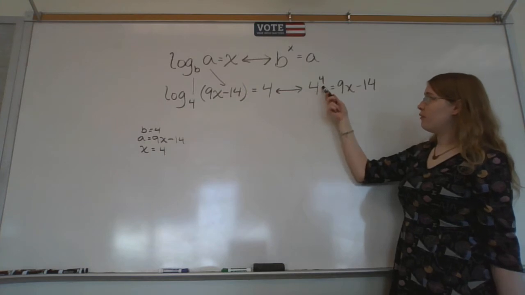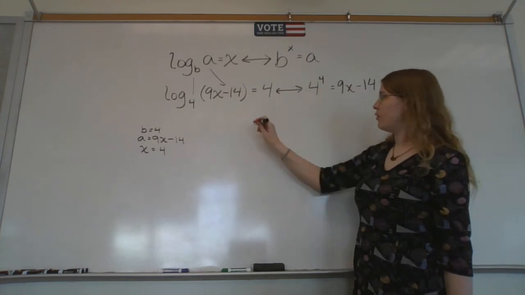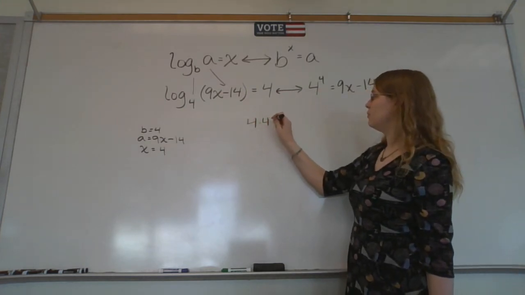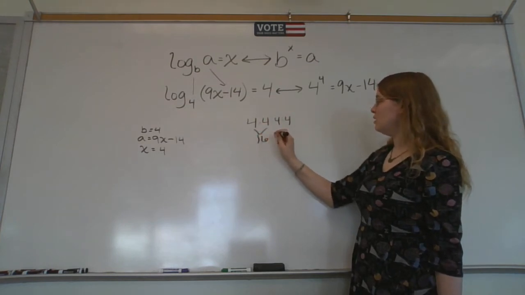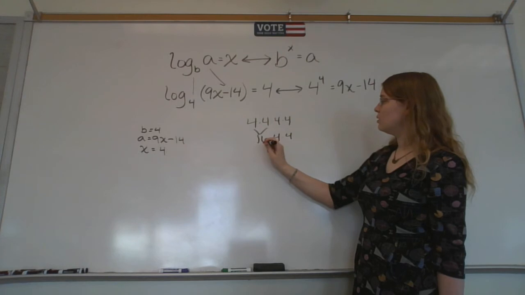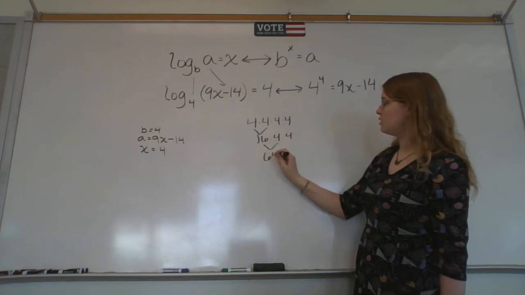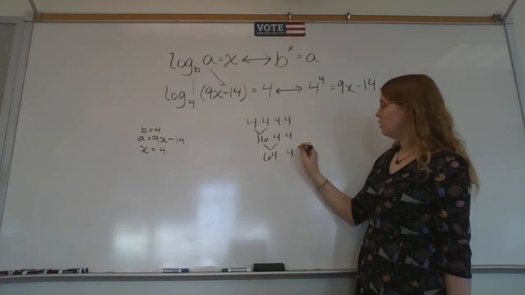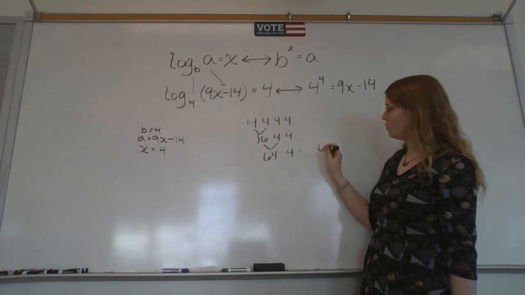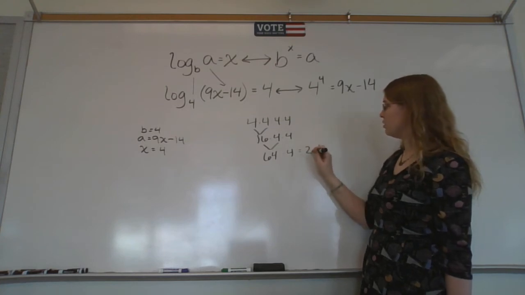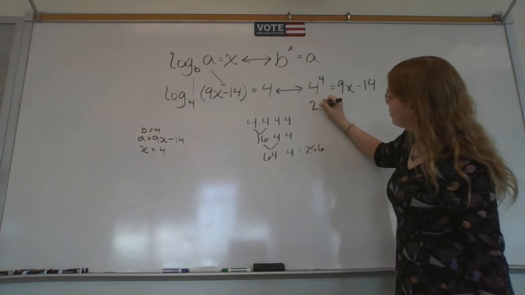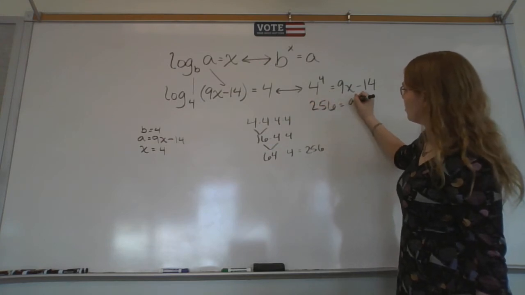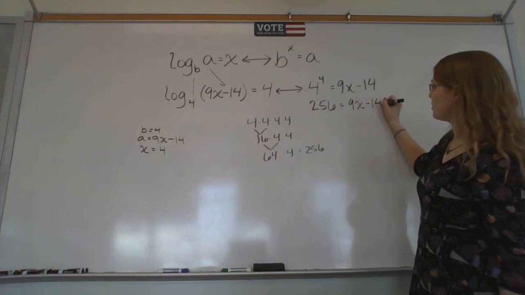So we got to find out what 4 to the 4th power is. 4 times 4 is 16. 16 times 4 is 64. And 64 times 4 is 256. So 256 equals 9x minus 14.